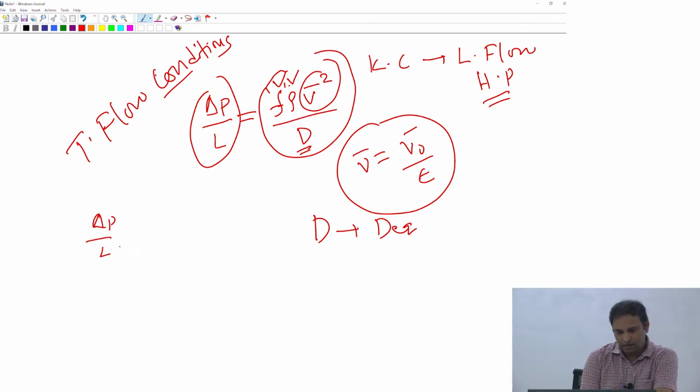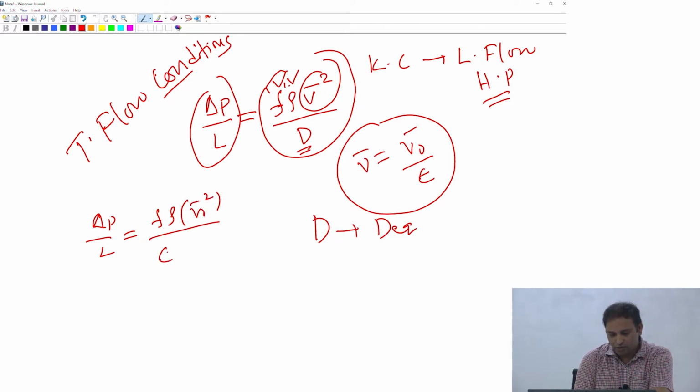So delta p by L, you're going to have F, rho, and V naught bar square divided by epsilon square at the bottom, and your D equivalent is going to be 2 by 3 into phi s into dp into epsilon divided by 1 minus epsilon.